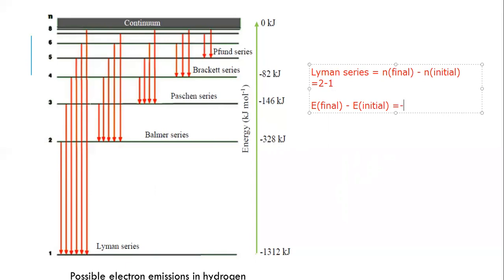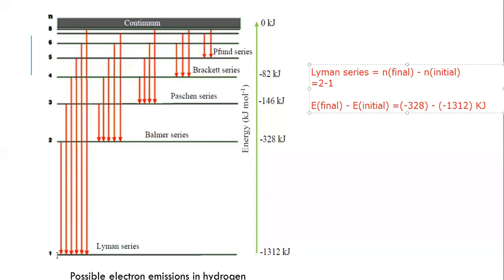So we make a bracket, which should be clear for you all. And next, minus your initial one, again in a bracket. This is how we find the energy of these transitions, the possible emission of the electron.